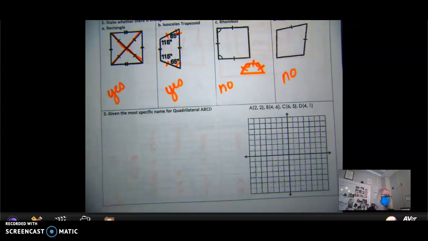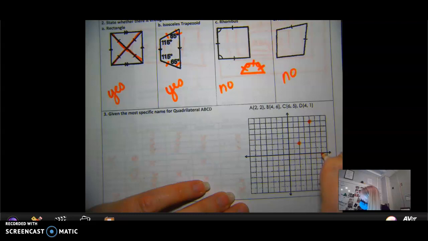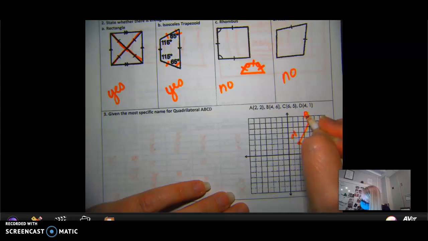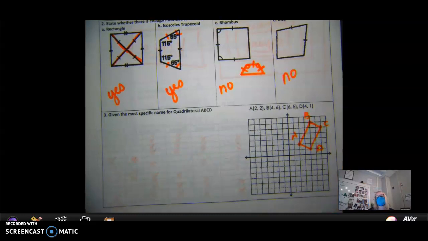Okay, go ahead and plot those points real quick for me. What does that look like?